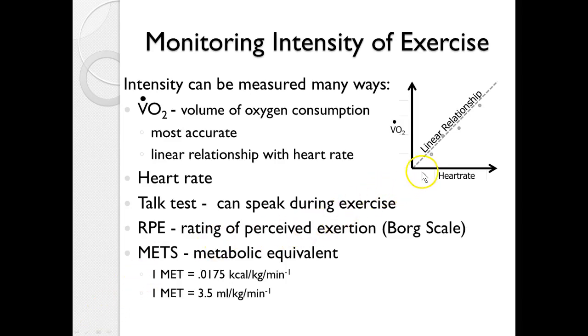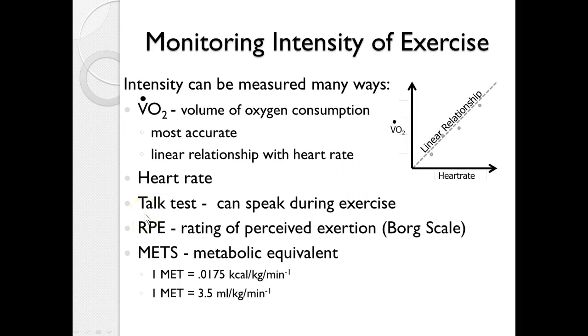If you look at the graph on the right, if we were to plot our workloads and measure heart rate and measure VO2 and then connect those dots in the graph, we'd end up with a straight line, or a linear relationship. So that means if we know heart rate, we can predict VO2, and if we know VO2, we can predict heart rate.